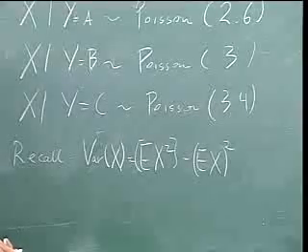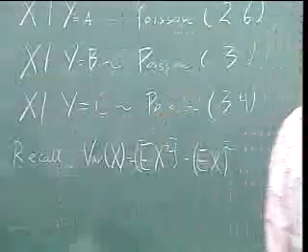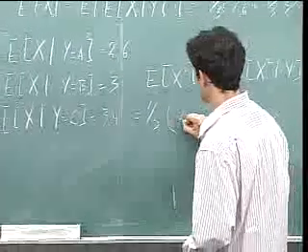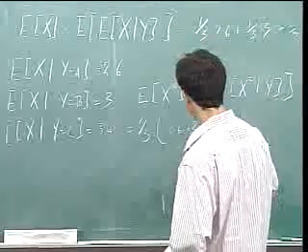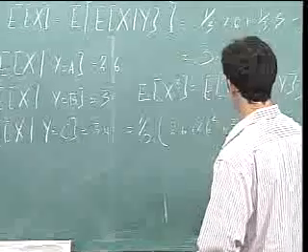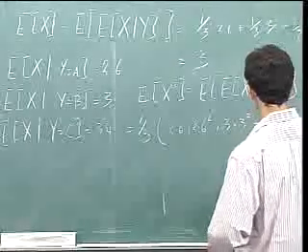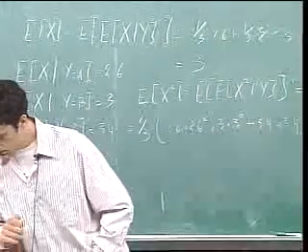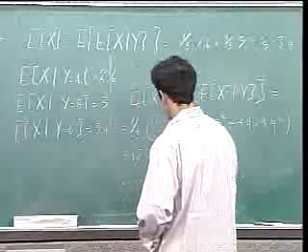For a Poisson random variable, we know that the mean and the variance are equal, right? So the expected value of x squared would just be equal to the variance, which is equal to the mean, plus the mean squared. And we do this for every single Poisson random variable: 3 plus 3 squared plus 3.4 plus 3.4 squared. And we get a value of 12.107.